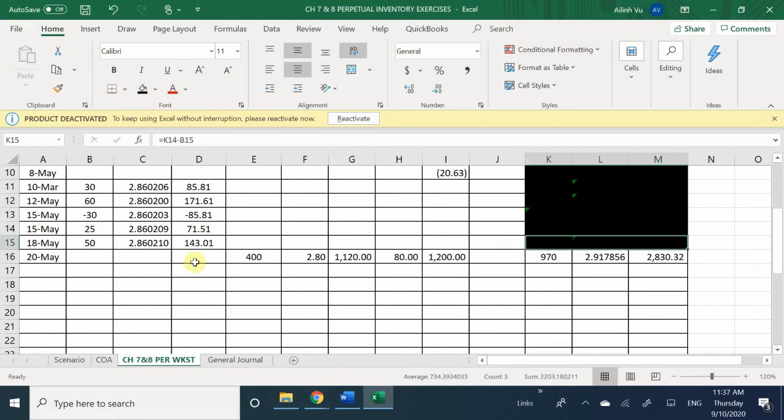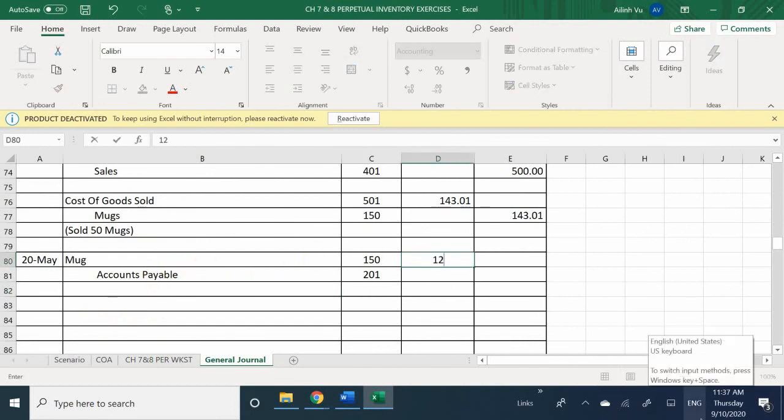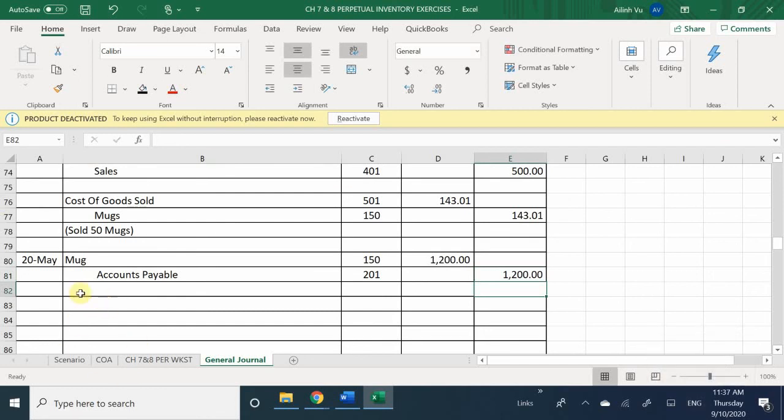So we're going to move a little quicker. So now that we know that our total cost is going to be 1,200, we go to our journal here. We're going to indicate that we purchased inventory for 1,200. Again, I'm going to copy this information here.